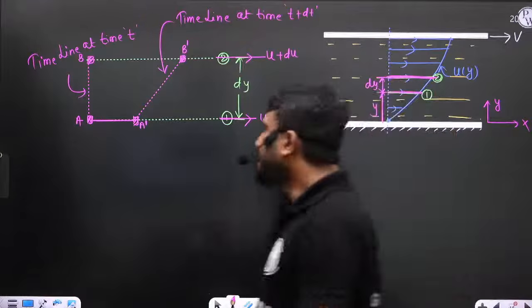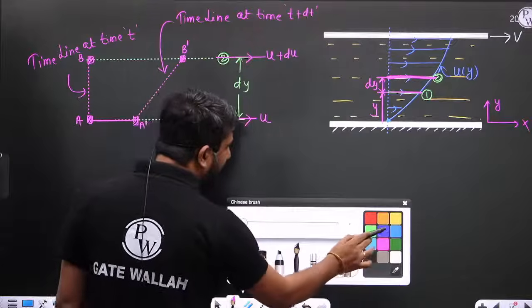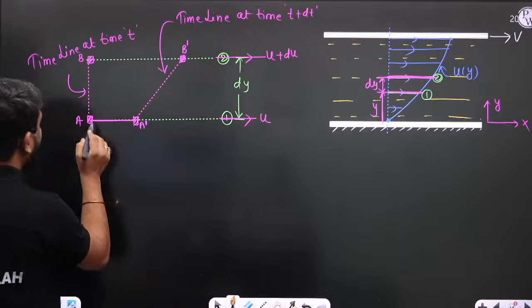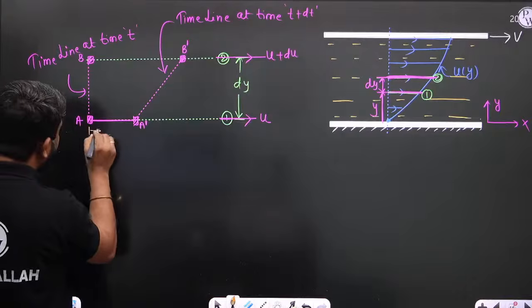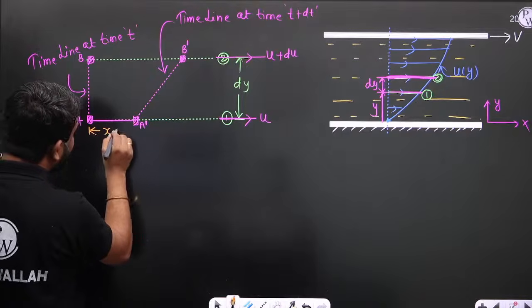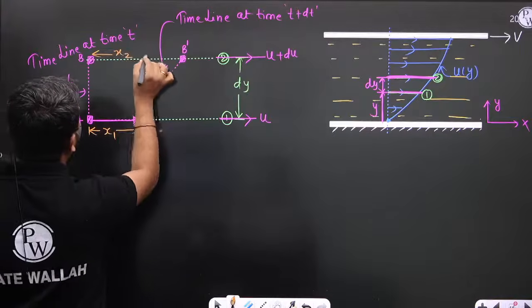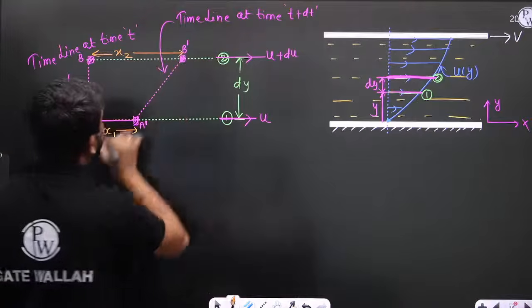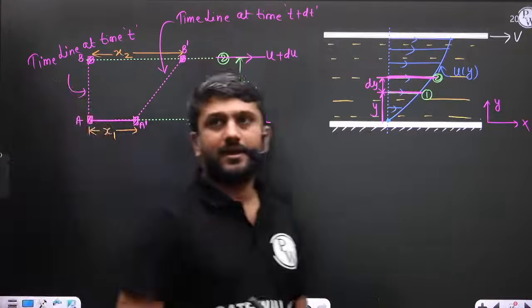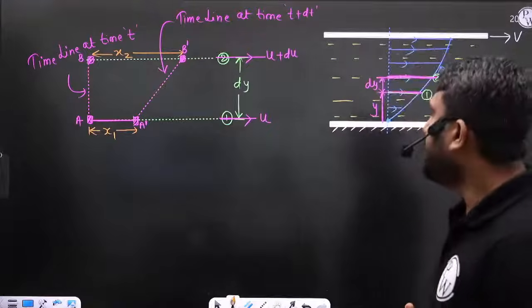So in dt time interval, the A particle covers, let us say, x1 distance, and B particle covers, let us consider, x2 distance, right? Why does particle number B cover more distance?